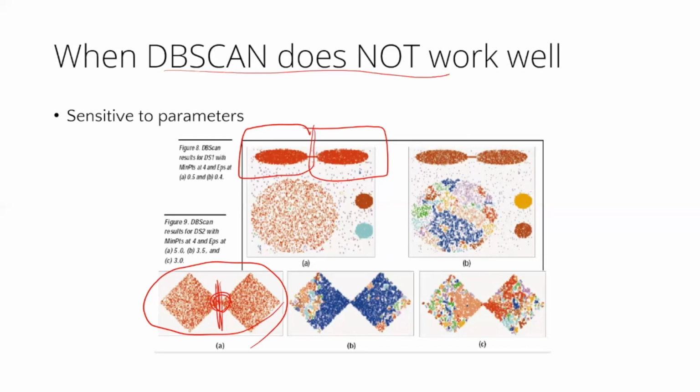Or you may end up in a clustering that looks like this. So we have a bow tie shape in the middle. And then on the side, we have a bunch of fractured segments. And on the right, we have the smallest epsilon value to scale down the size of the neighborhood so that we can resolve this thin gap between the two squares.